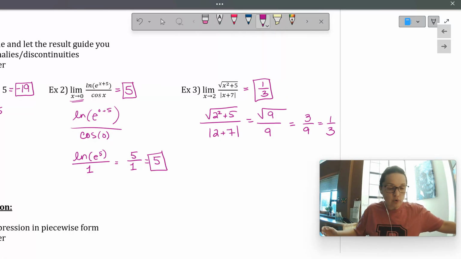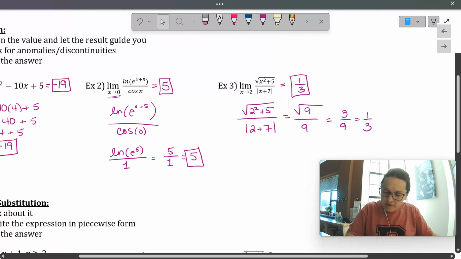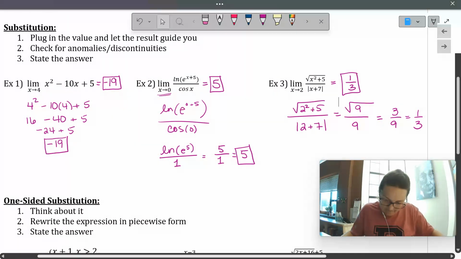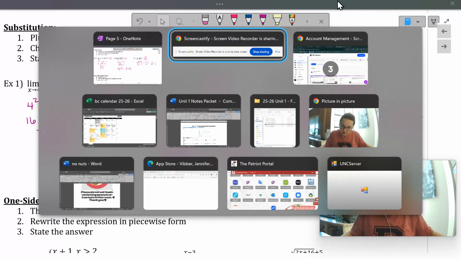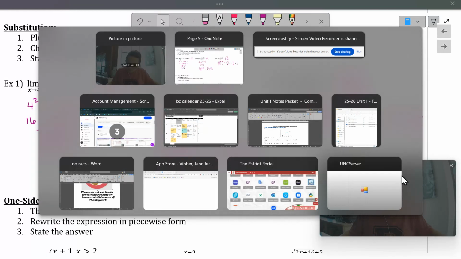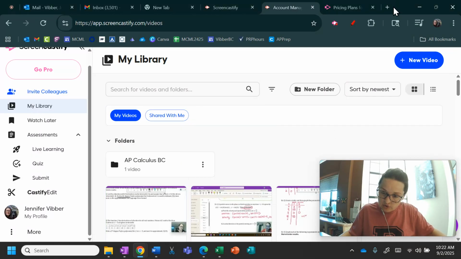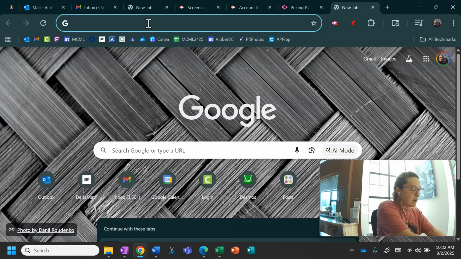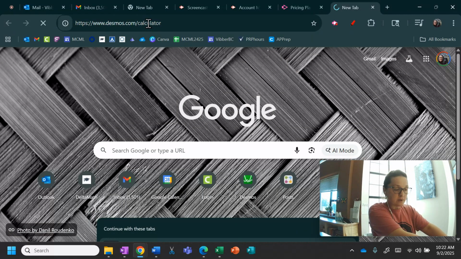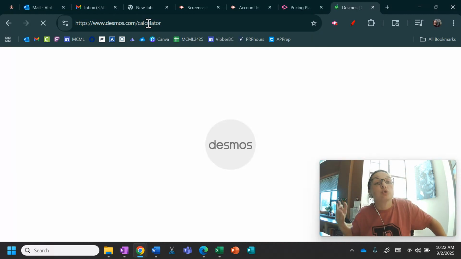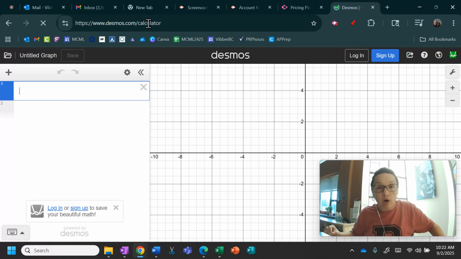And if you're curious, which I got to be honest, I am, what do these things actually look like? Let's see, if I go back into my regular Chrome tab, and if I go to one of my favorite websites of all time, which is Desmos, which you should absolutely bookmark, okay?